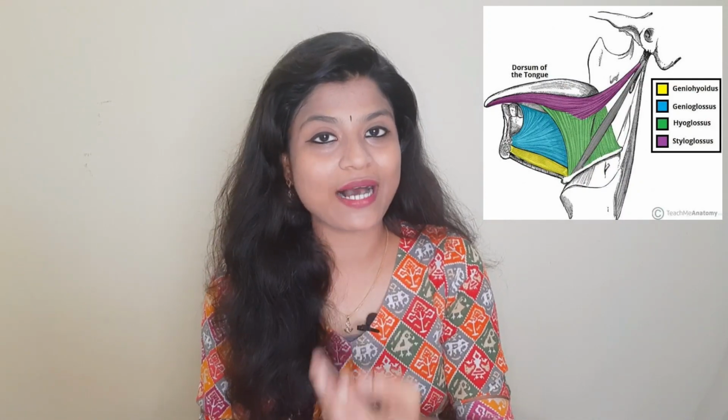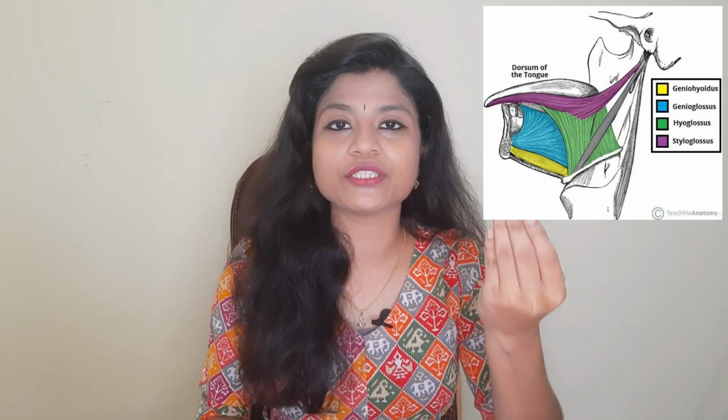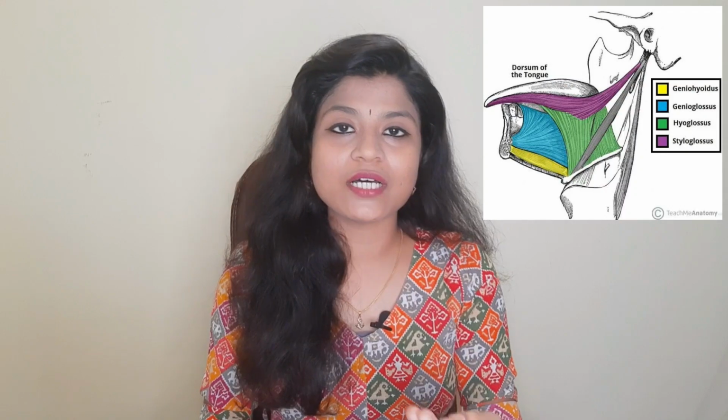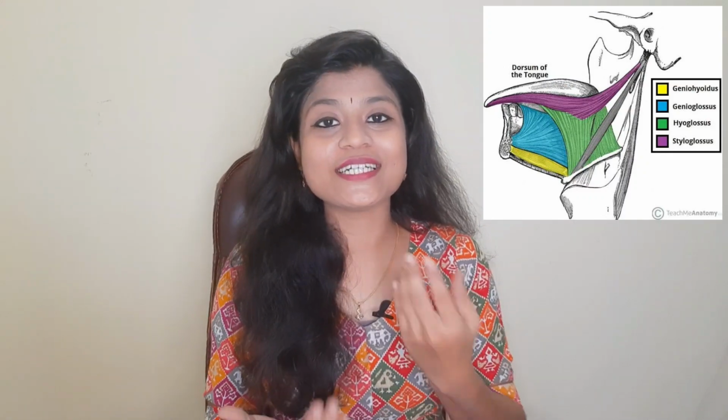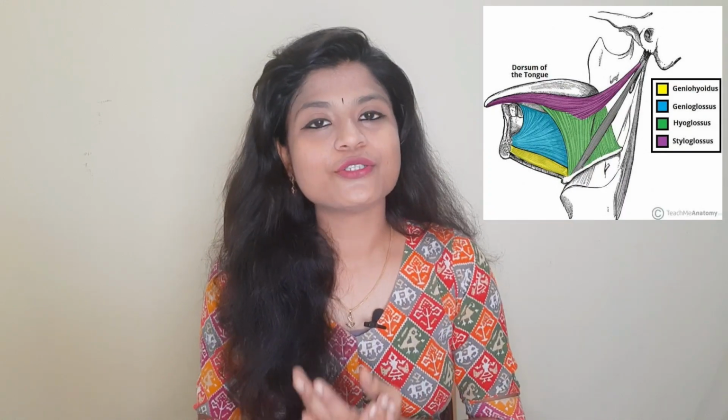Palatoglossus originates from the palate and is attached to the tongue. Similarly, hyoglossus starts from the hyoid bone and attaches to the tongue. And styloglossus starts from the styloid process and attaches to the tongue. So the origin and attachment of the extrinsic muscles is very easy to remember. And when it comes to intrinsic muscles, the origin and the insertion are within the tongue.